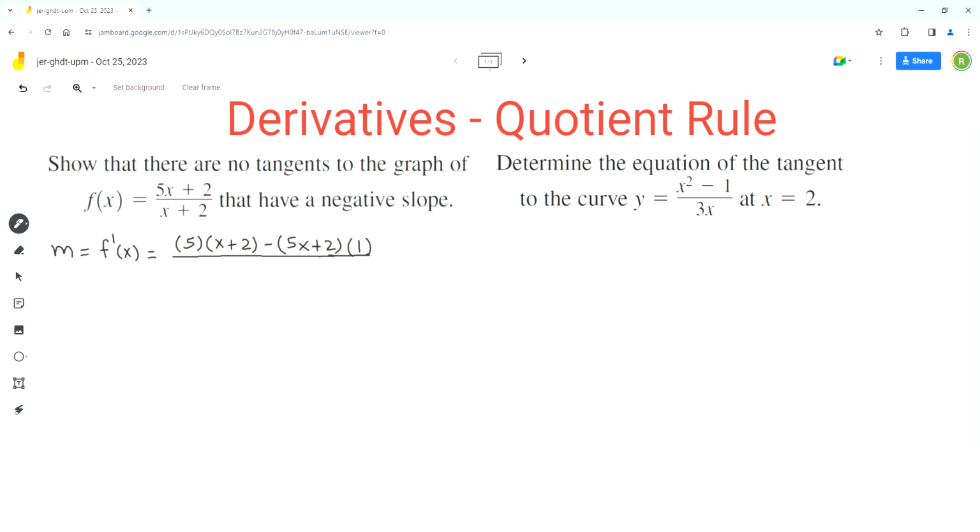Because 2 is a constant, the derivative of 2 is 0, so 0 won't matter, over the square of the denominator.